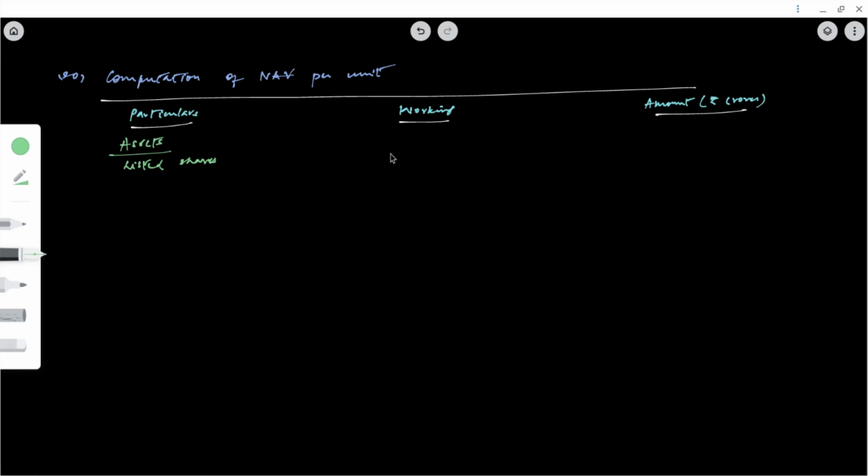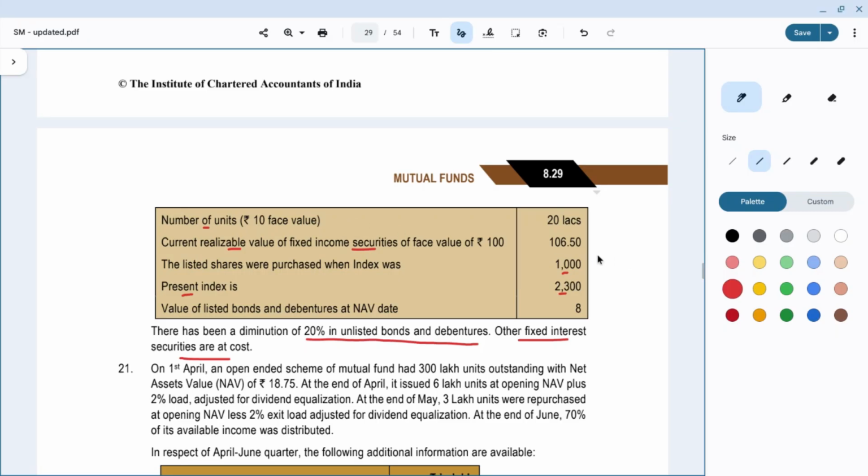So it is rupees 20 crores into 2300 by 1000, right? So 20 into 2300 by 1000 gives us 46 crores. Okay, this is done.